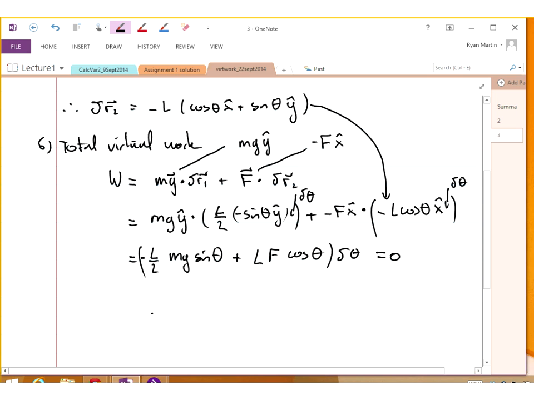The L's cancel, and we have F cos theta equals 1 over 2, sorry, mg sine theta. Or F equals a half mg tan theta.